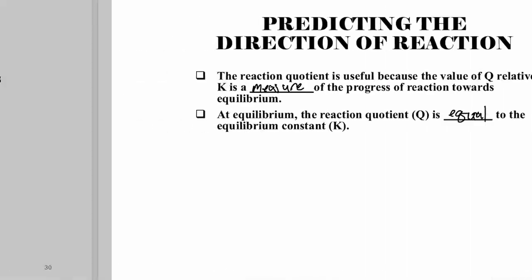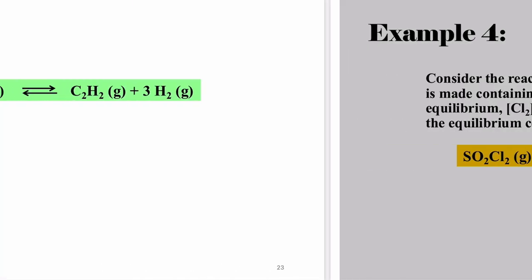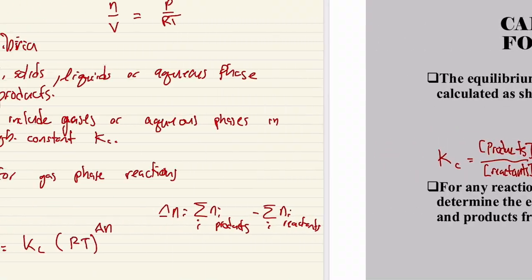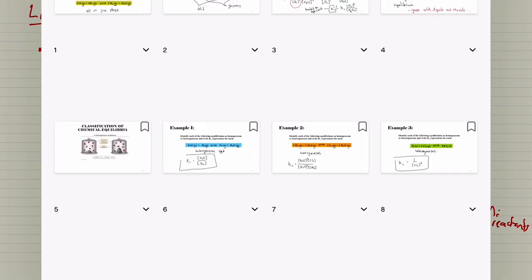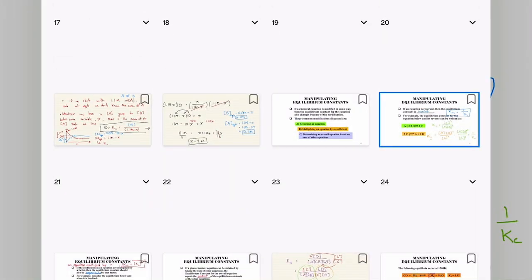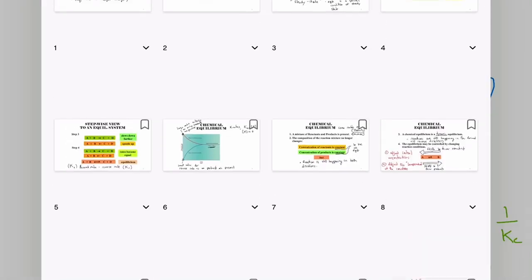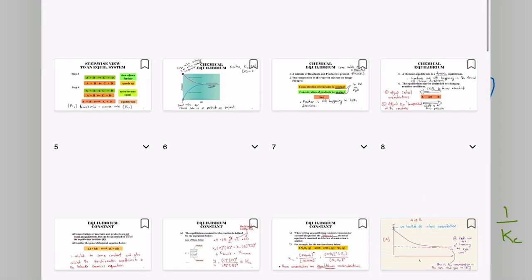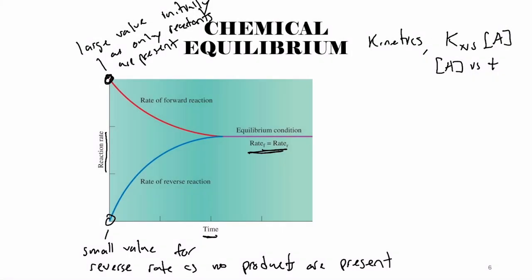Right, and when we looked at the plots of how concentration changes with respect to time, let's see if we have any in this one. It must have been in equilibrium part 1. Right, this was the equilibrium condition here.